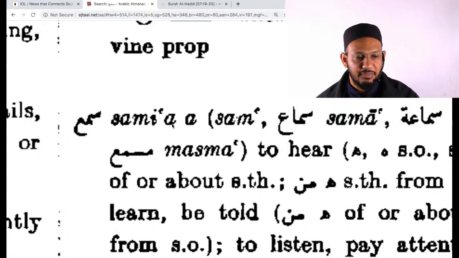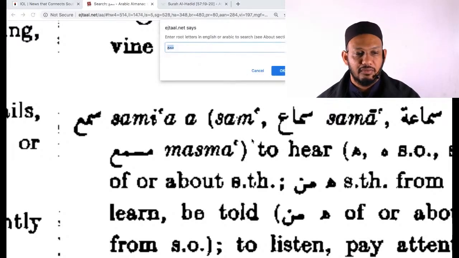Can you see it says sami'a and it says a. This here where my mouse pointer is, an a. And a means that the middle root letter of the present tense has an a. So it's not yasmi'u or yasmu'u, it's yasma'u. You with me?